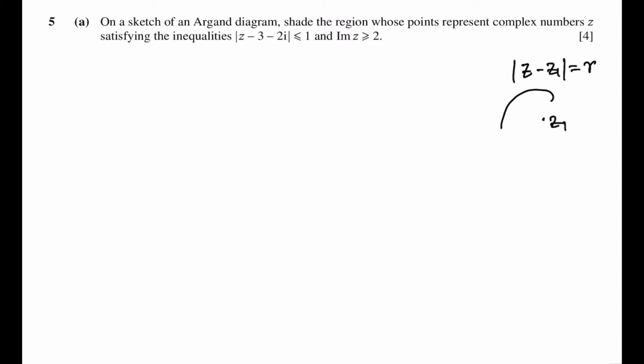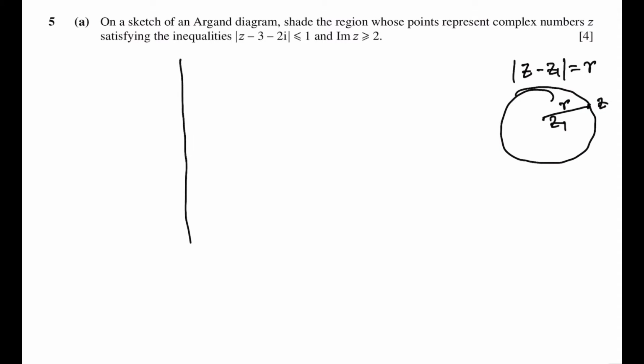We know that |z minus z1| equals r indicates a circle whose center is z1, and any point on it is at distance r from z1.